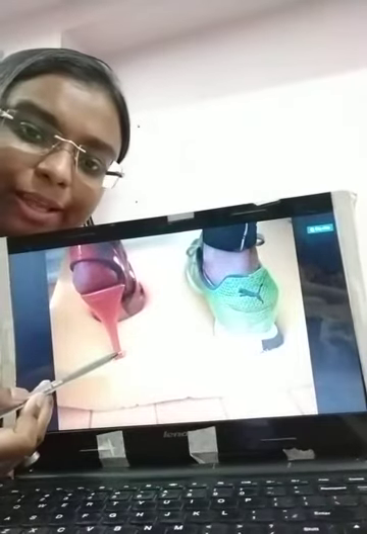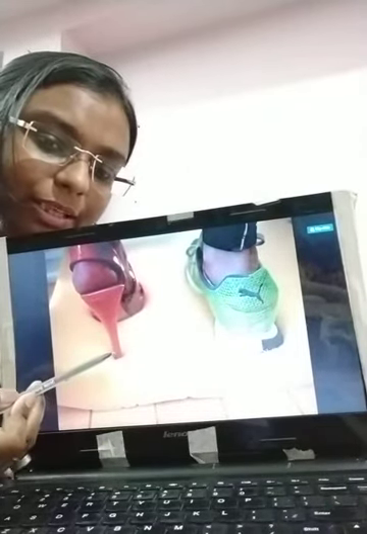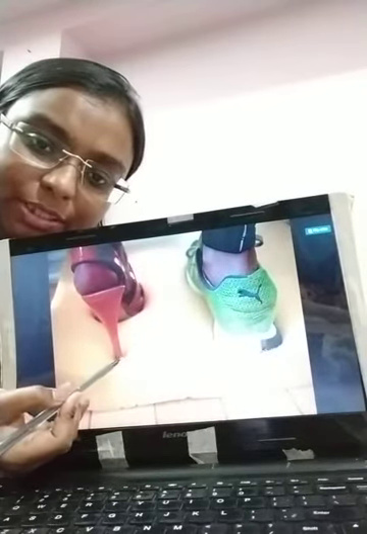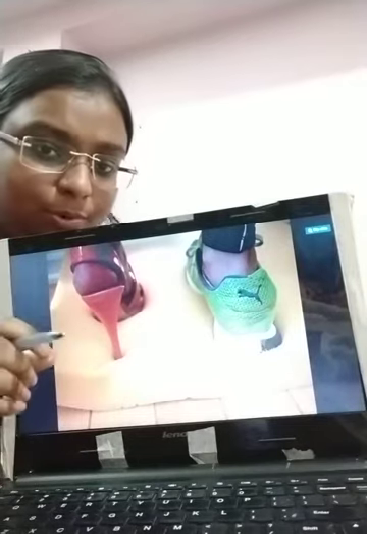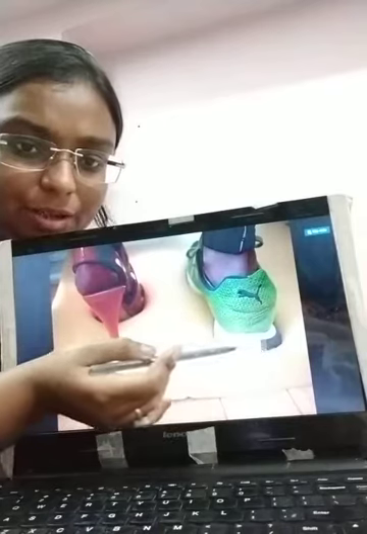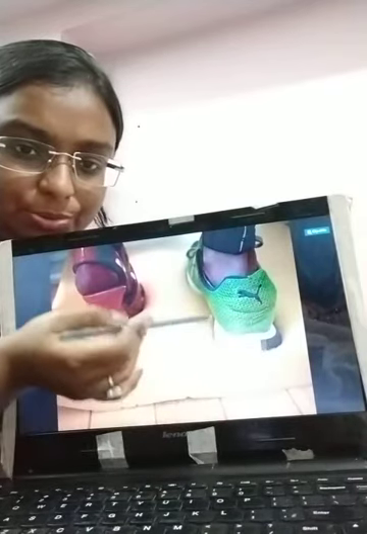Now can you answer this question? We will get back to the question again. Why is this heel applying more pressure than this one? Yes, because the area of the heel is very, very small. Smaller area means more pressure. The area of this sports shoe is huge.